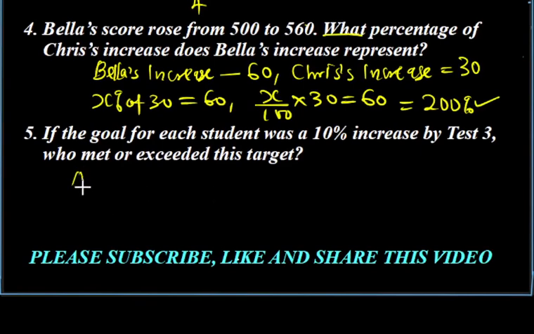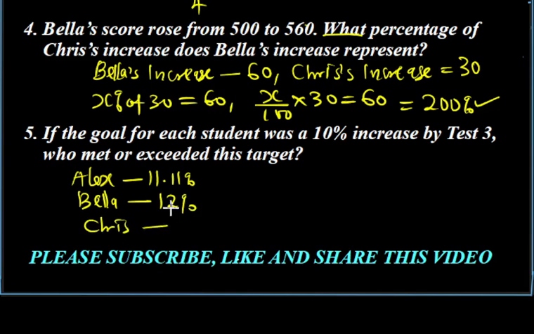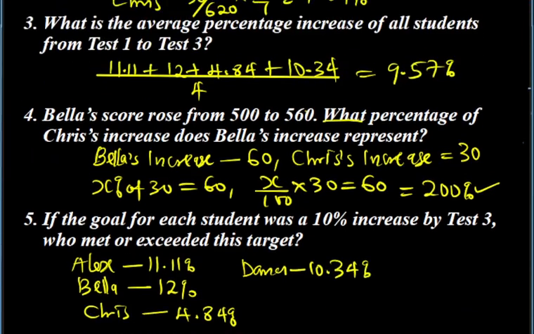So we have Alex, Alex is 11.11%. Bella is 12%. Chris is 4.84%, and Dana is 10.34%.